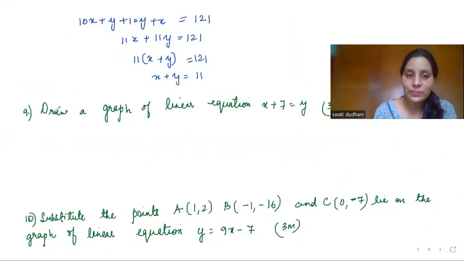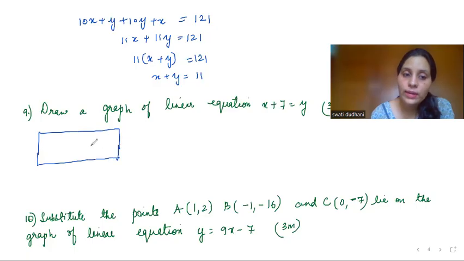Okay, next one. Draw a graph of the linear equation x plus 7 equal to y. So here to draw a graph, firstly we need to construct a table where you need to find at least 3 values for both x and y. 2 values will also work, but 3 is better. So if I take x as 0, the value of y will be 7.